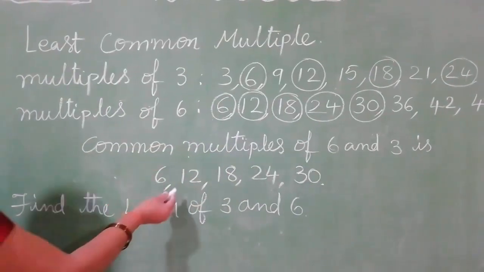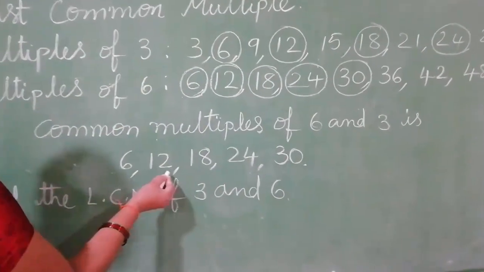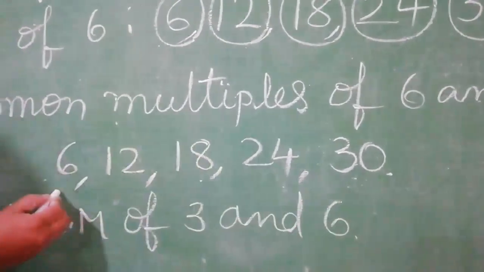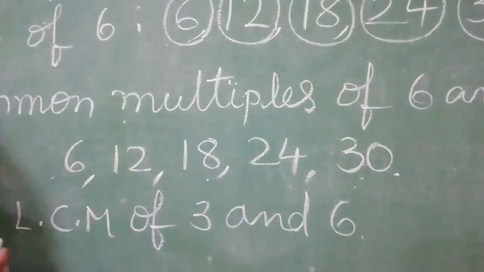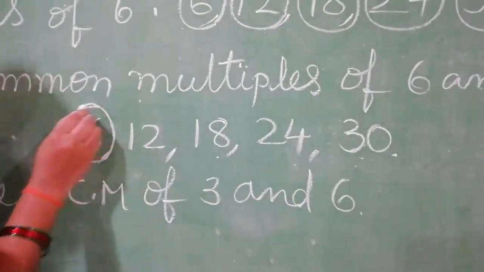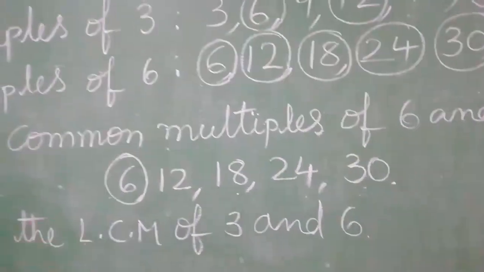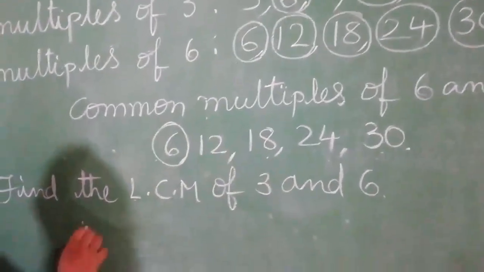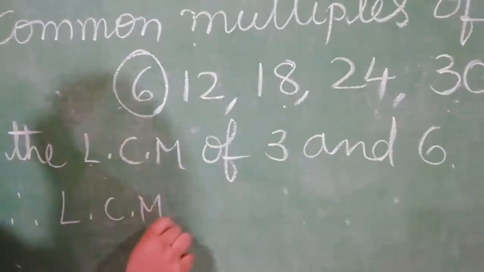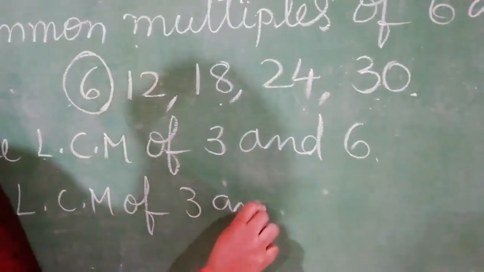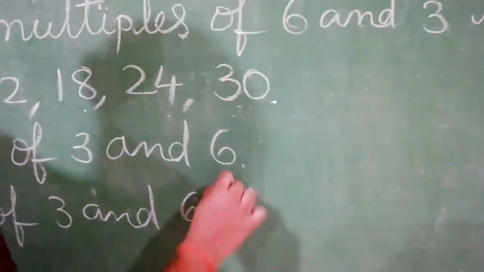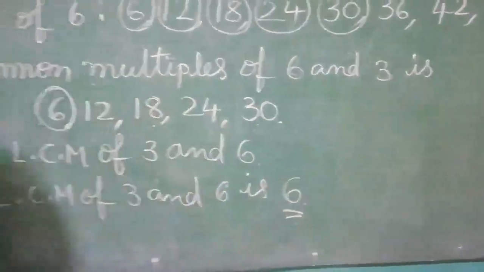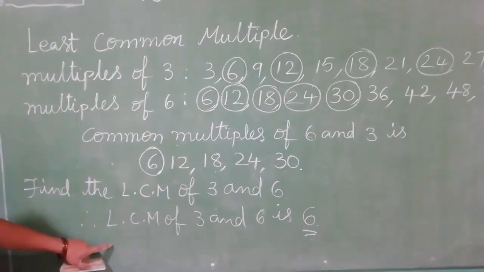These are the common multiples: 6, 12, 18, 24, 30. All these numbers, which is the least number? Yes, 6 is the least number. So the LCM of 3 and 6 is 6. This is the way to find the LCM.